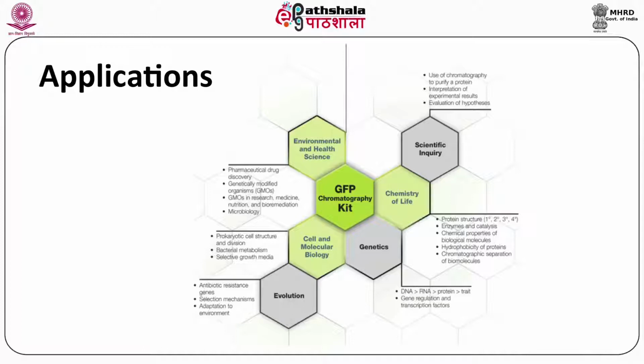GFP can be used in the area of evolution for antibiotic resistance genes, selection mechanisms and adaptation to the environment. It can be used in genetics to see DNA, RNA, protein and trait correlation, then genetic regulation of the transcription factors.